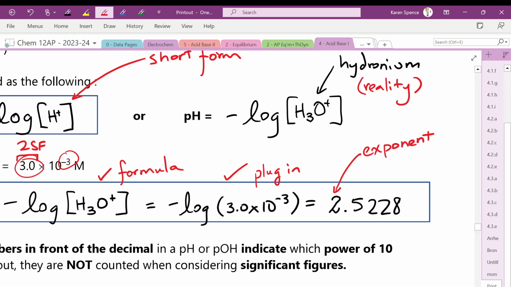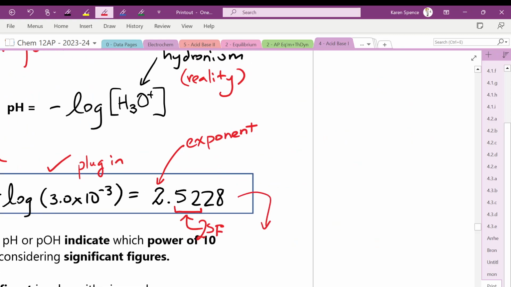Because we've got 3 times 10 to the minus 3, that exponent becomes a 2. Does that make some kind of sense? If it doesn't make 100% sense, it's okay. Don't try to thoroughly understand it unless you're a math person. What you need to know as a chemistry person is that you need to have 2 sig figs, and if that's the exponent, then these are our 2 sig figs. So what we would do is round this to 2.52, which has 2 sig figs. Is that good? Okay.